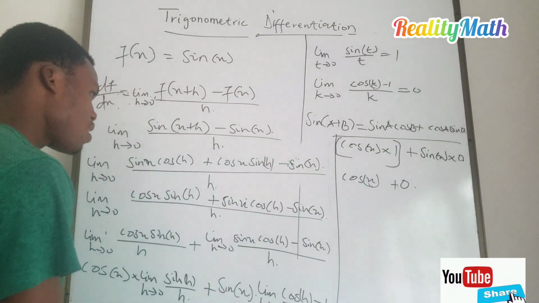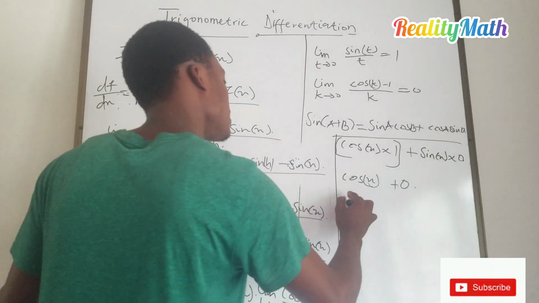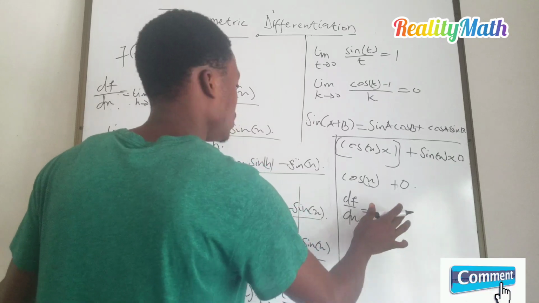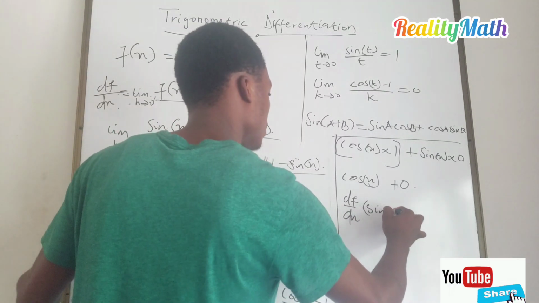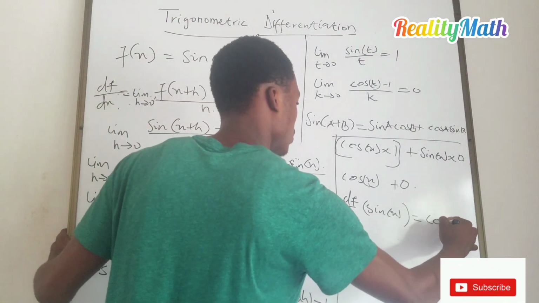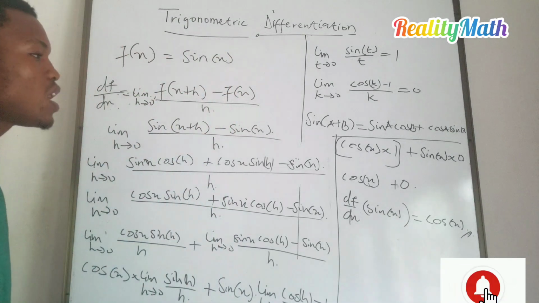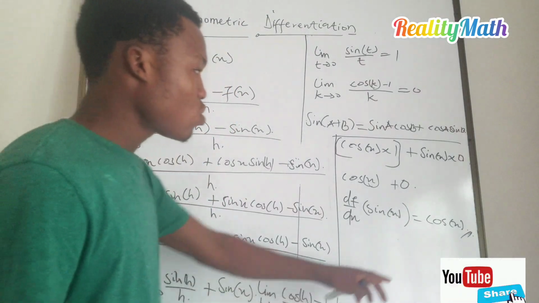What are we now having? Our derivative df/dx of that function sine x is giving us cos x. As easy as that. So that is how we got that the derivative of sine x is equal to cos x.